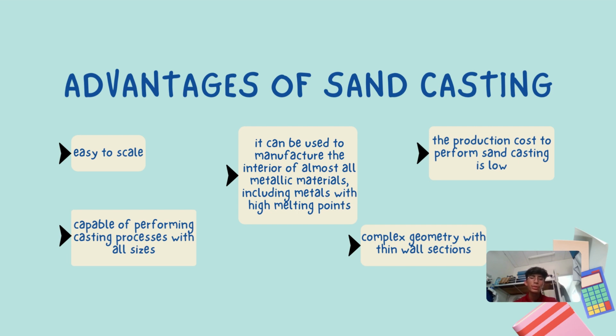Next, it can be used to manufacture almost all metallic materials, including metals with high melting points. Second last, the production cost to perform sand casting is low. Lastly, complex geometry with thin wall sections. Thank you.